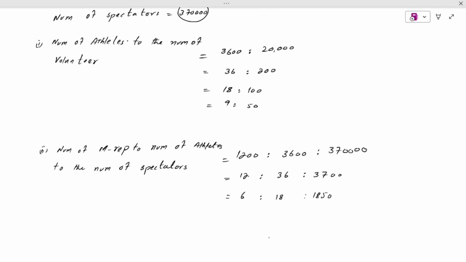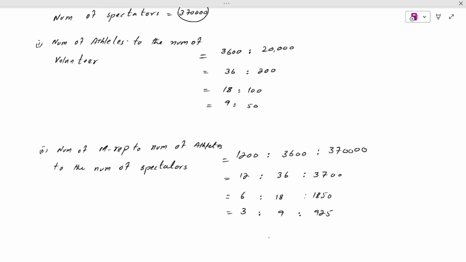So dividing it by 2 we get 2 threes are 6, 2 nines are 18, and 2 925s are 1850. So this becomes the answer. Now the ratio is in its simplest form. So this was question number 6. I hope you understand the question.